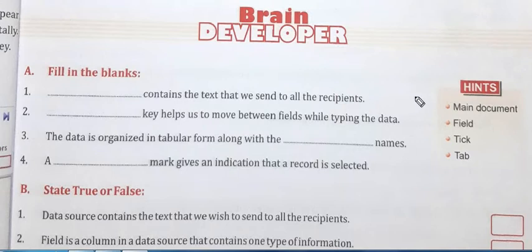And the second thing is the data source. Data source means the name is changed for all. Suppose first name and last name change for everyone, so that is the data source. The main document is the content that is sent to everybody. So the main document will be the first answer.